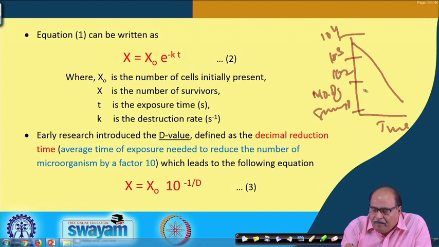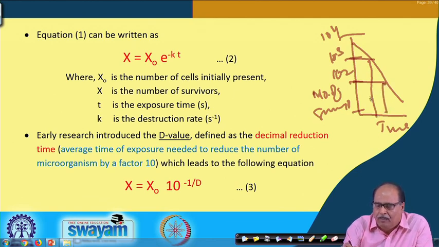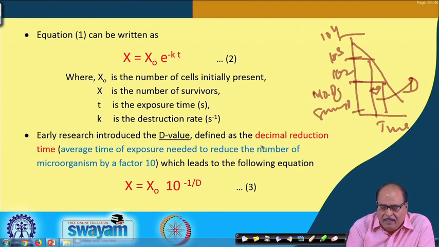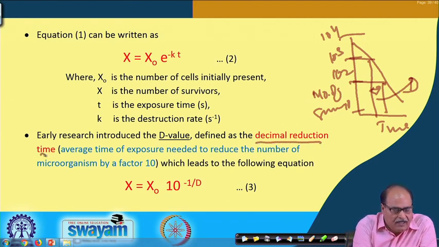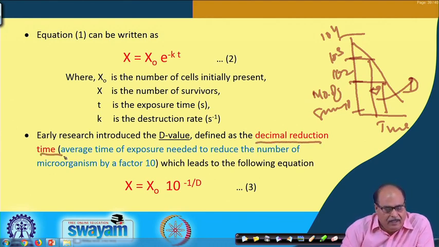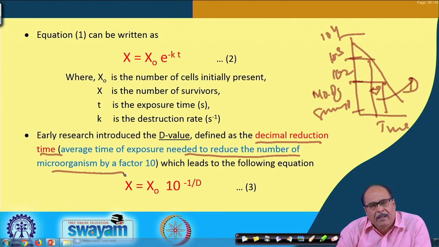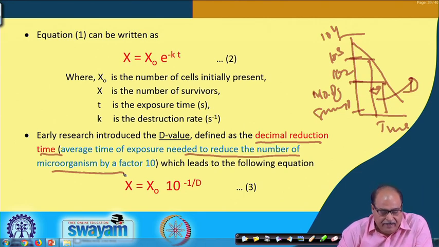In this line, the time required to reduce the microbial population by a factor of 10 is known as D value. It is called decimal reduction time, that is the average time of exposure needed to reduce the number of microorganisms by a factor of 10.